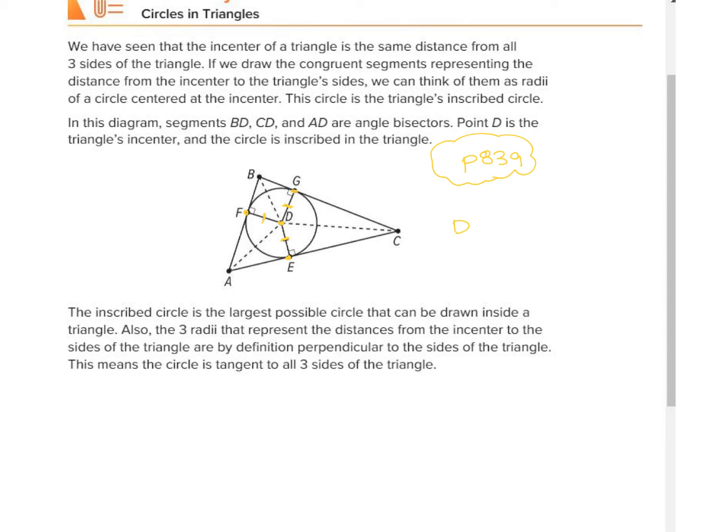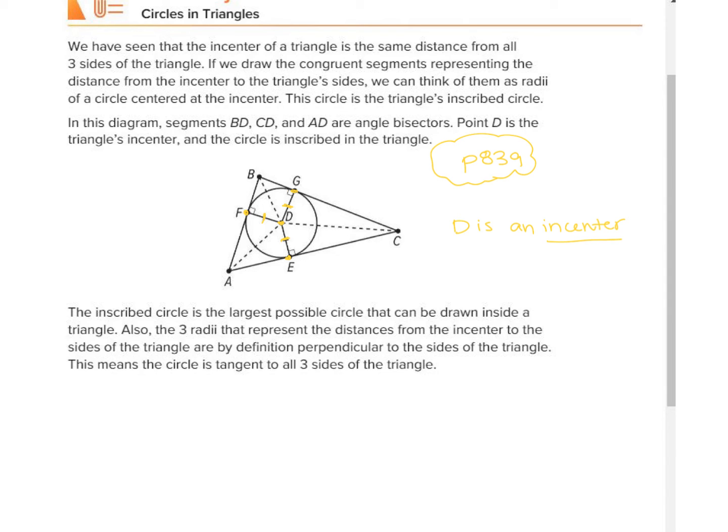That's telling me that D is an incenter. I can also see that the dotted lines are my 3 angle bisectors. That's a second reason D would be my incenter. And also, D appears to be the center of my inscribed circle. So for all those reasons, I can see that D is the incenter of that triangle.